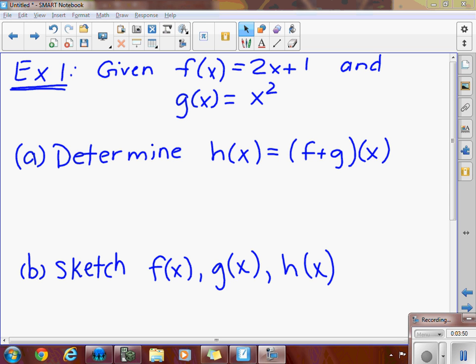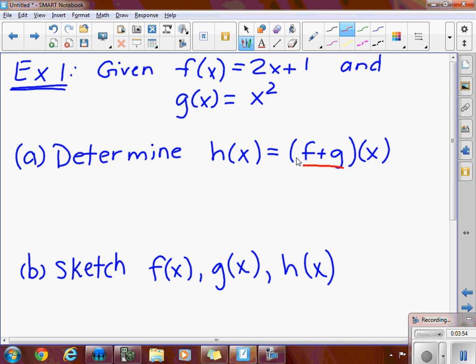Now it says determine h of x if h of x actually equals f plus g of x. If I was to say f plus g of x, we already talked about on the last set of notes that it's the same thing as f of x plus g of x. We're just adding these two things up. So this addition is a little nicer.